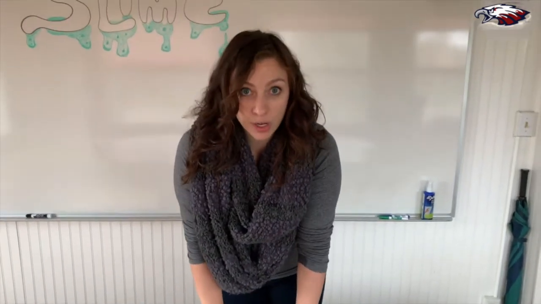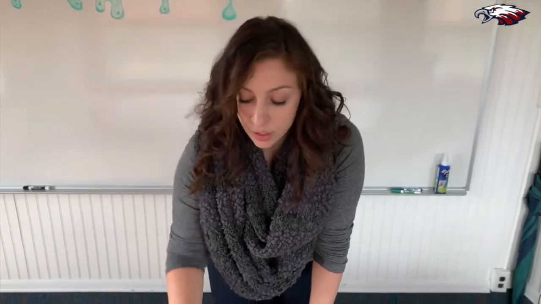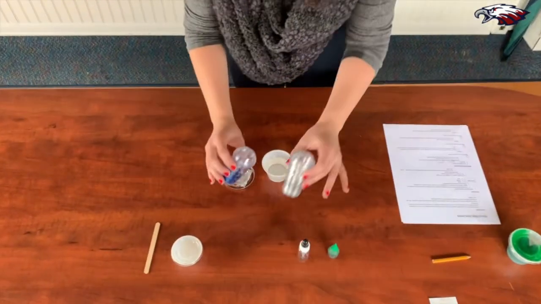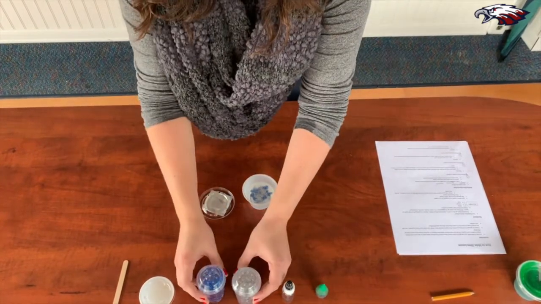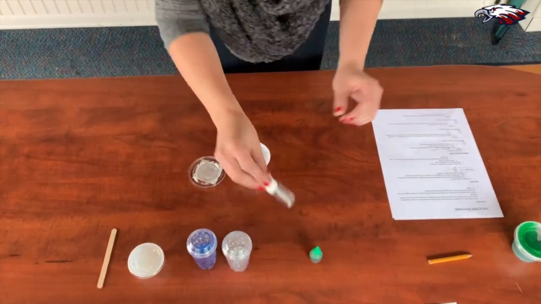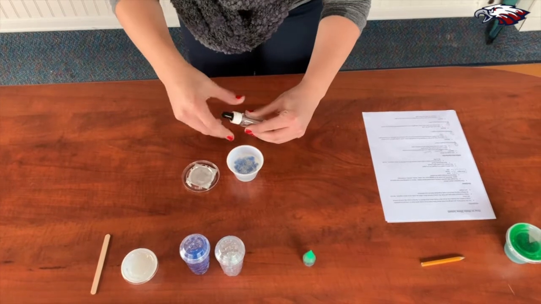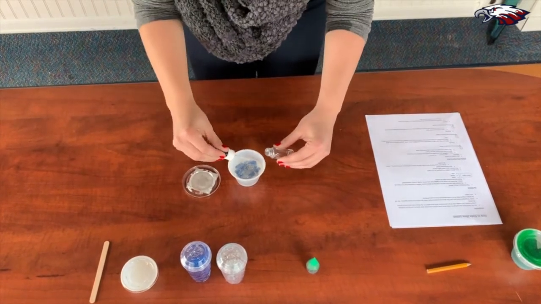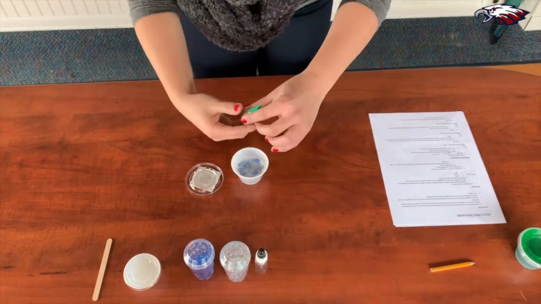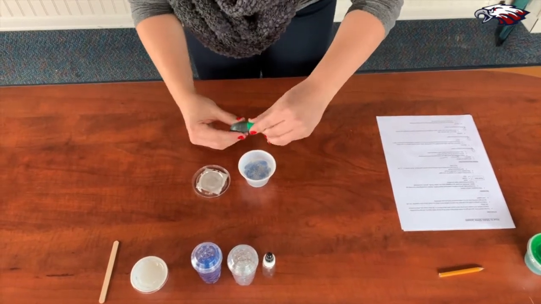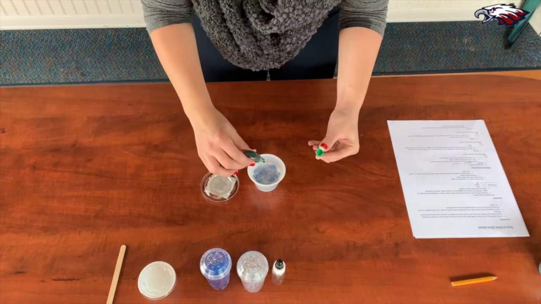And then once a helper comes over, politely ask for some glitter if you want, and they'll put a few shakes of glitter in, politely ask for some scent, and they'll do a squirt of a lovely scent, and then politely ask for your food coloring, and they'll put a few drops of food coloring into your glue.